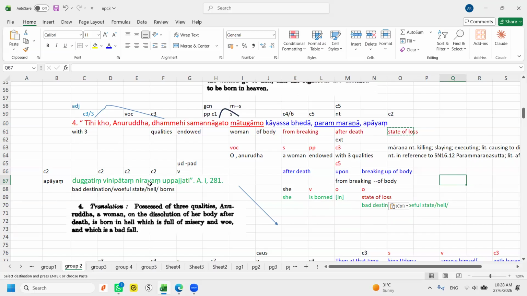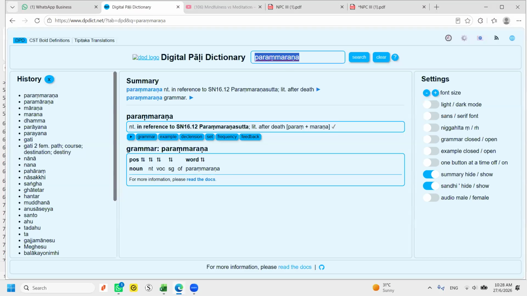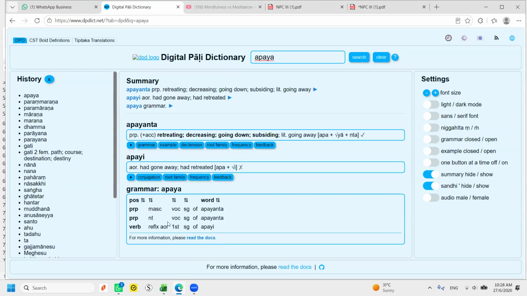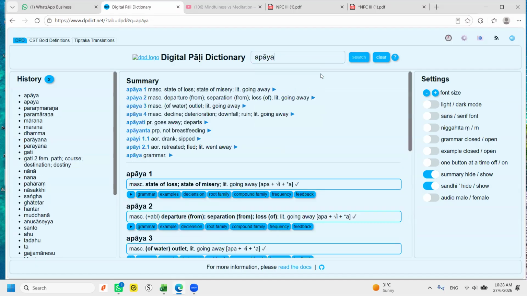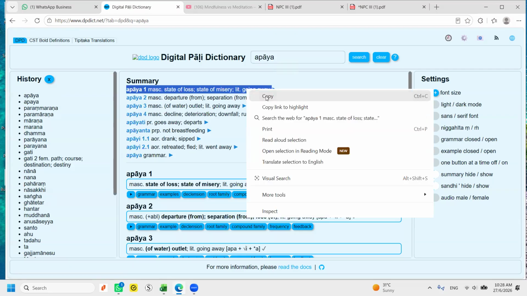The apaya and niraya are almost the same. If you look at the dictionary, apaya, long A. Did I spell it correctly? Now we take number one, apaya.